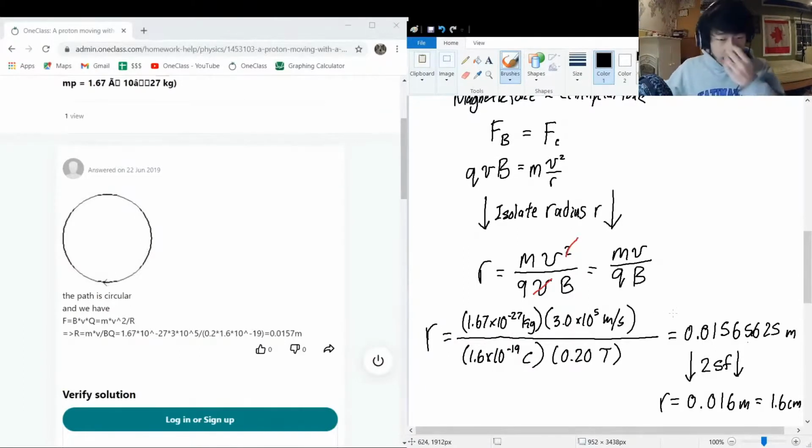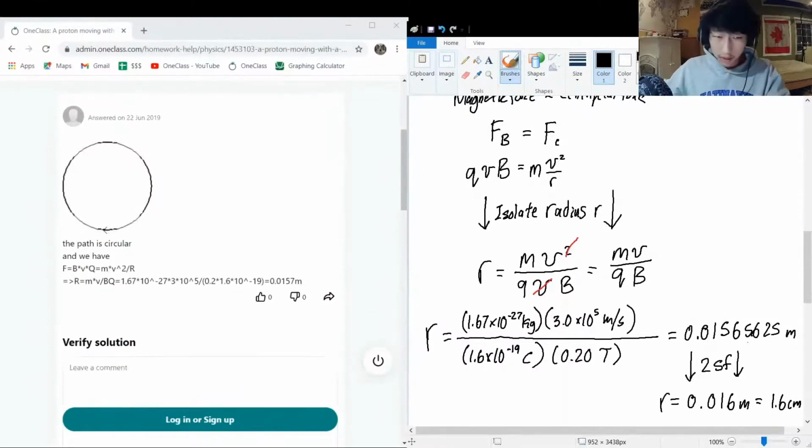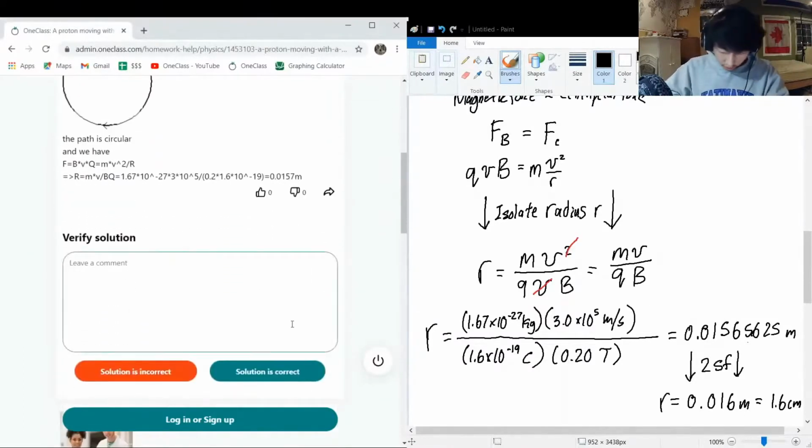So yeah, it seems that we got the solution good here. The solution is good.